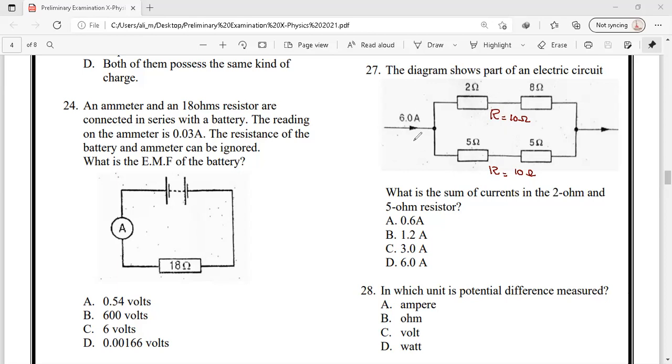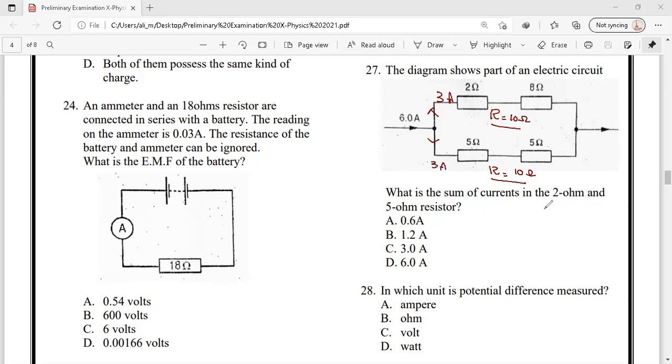So current of 6 ampere is coming towards this point, and the total resistance in the upper part is 10 ohms. Similarly, the total resistance in the lower part of the circuit is 10 ohms. So if the resistances are equal, then the current would be divided into equal parts. So 3 ampere current would pass through this, and 3 ampere current will pass through this.